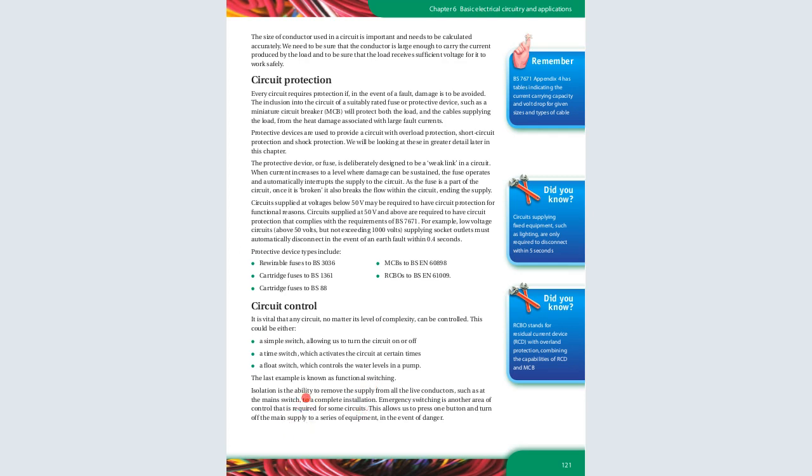Isolation is the ability to remove the supply from all the live conductors, such as at the main switch for a complete isolation. Emergency switching is another area of control that is required for some circuits. This allows us to press one button and turn off the main supply to a series of equipment in the event of danger.